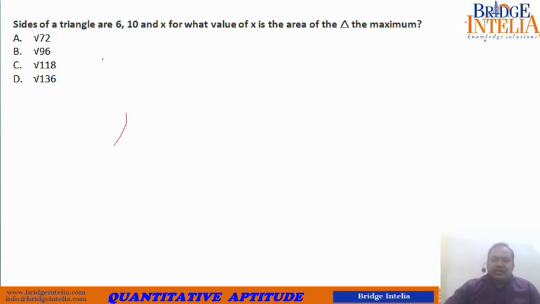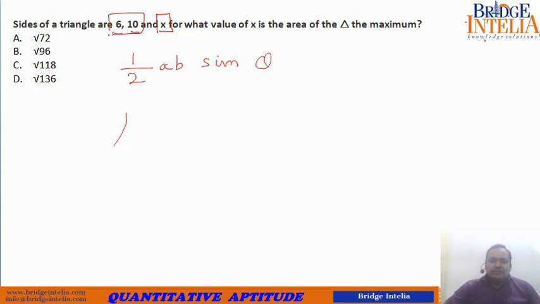Sides of a triangle are 6, 10 and x. For what value of x is the area of the triangle maximum? Now, three sides are given, the third is in fact a variable. So for what value of x is the area of the triangle maximum? Now you see, area of a triangle is given by half AB sine theta.